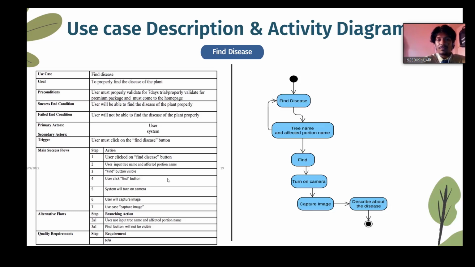At first user must click on the trigger find disease button, then the system will ask for the tree name and affected portion name, and then the find button will be visible.